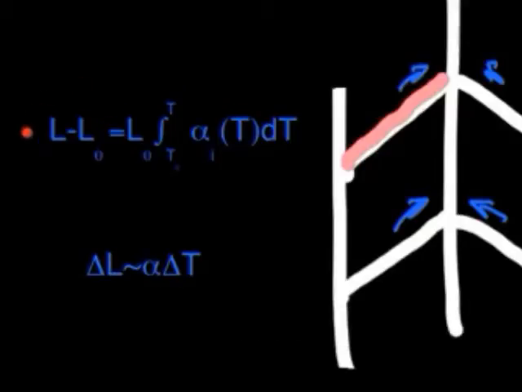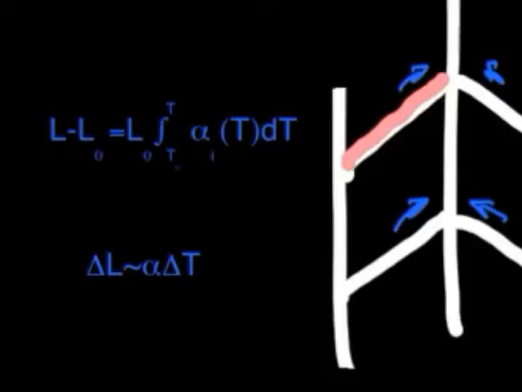Now if you look at the calculus, this is basically L minus L0, which is delta L, is equal to some length that you start with. And now you're going to integrate over the temperature range. So you go from T0 to T, right? Alpha can be a function of T. So maybe copper expands at a certain rate at 100 degrees Celsius and at a different rate when it's at 200 degrees Celsius, which is usually the case.